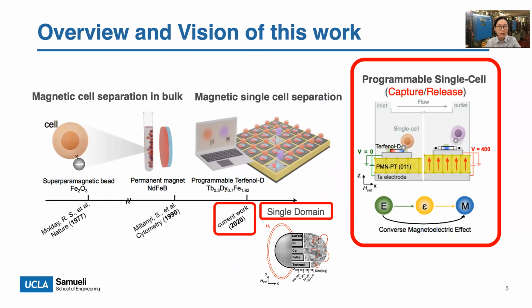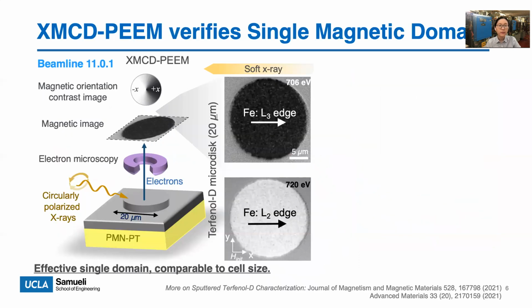We would apply an electric field to the ferroelectric substrate PMN-PT to generate a strain and to perturb the existing magnetic states. And that would reorient the magnetic domain and subsequently release the attached cell.